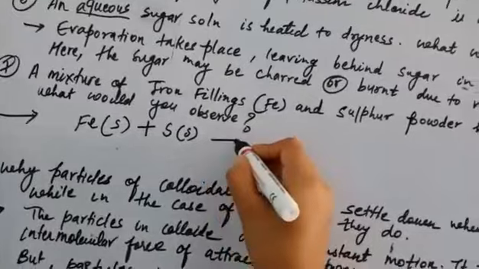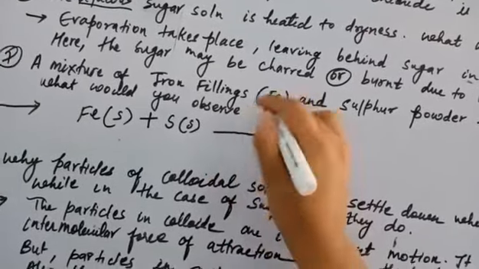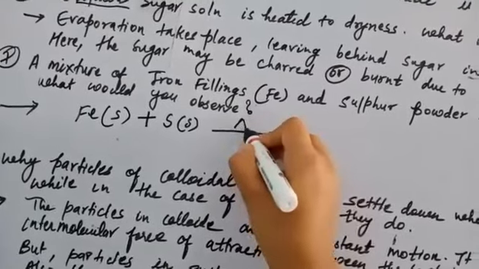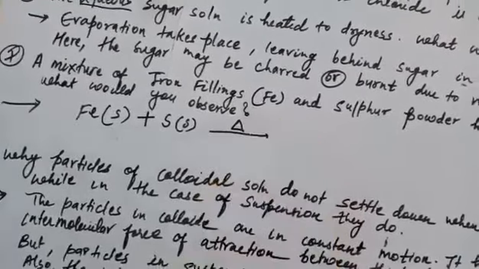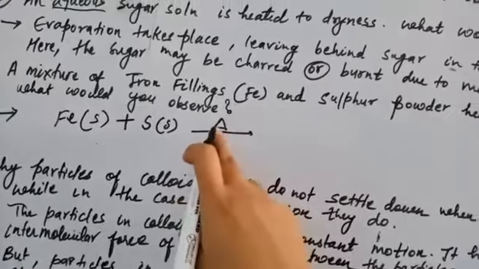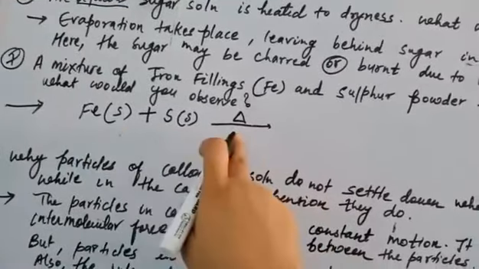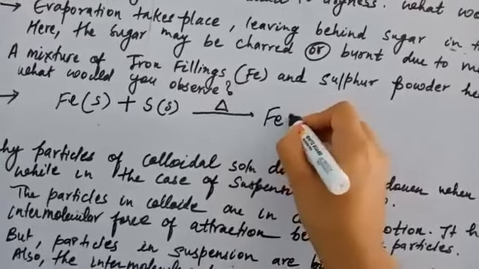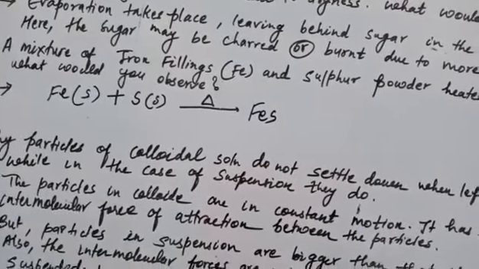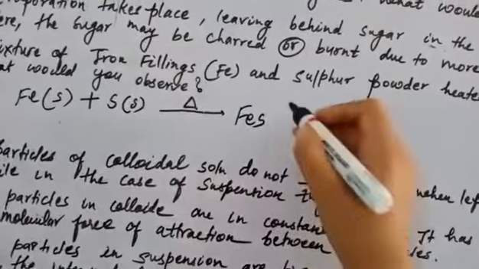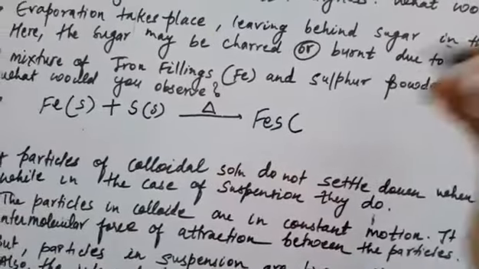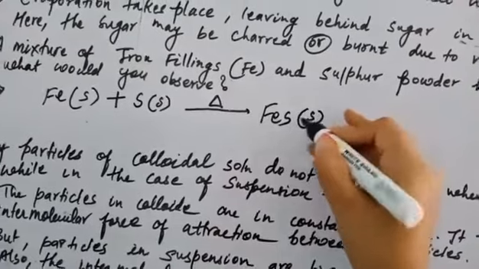Now these both are getting heated. So what is the sign of heating? You can have a triangle sign. That means these two are getting heated. So on heating we will get FeS, a brownish black stone-like substance, that is ferrous sulfide, and it is also in solid state, so we will write s here.